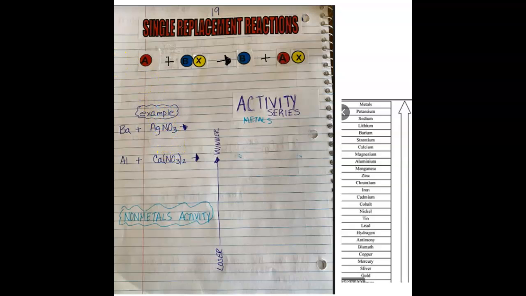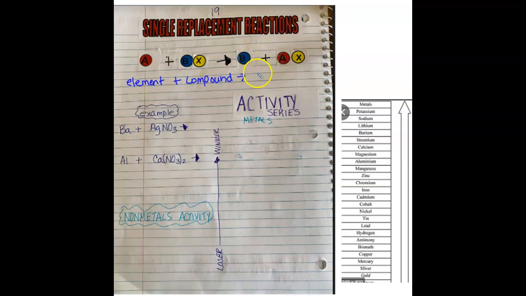Now, when we come to do a single replacement reaction, the way that we recognize that it is a single replacement is that it will always be an element plus a compound. Now, some people say, well, do they have to be in that order? No, they do not. But you will just see one is an element, one is a compound.